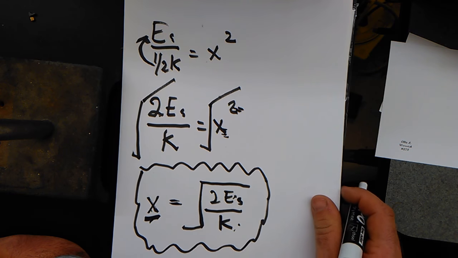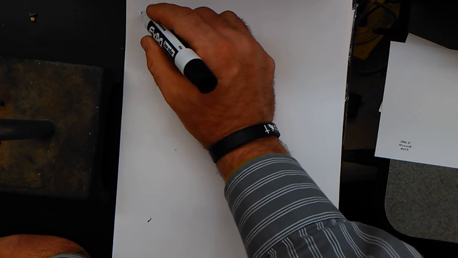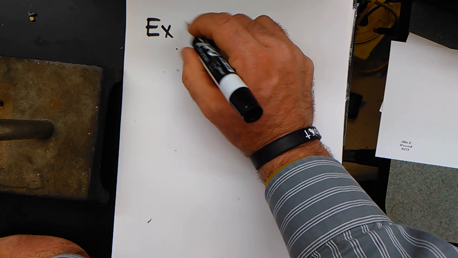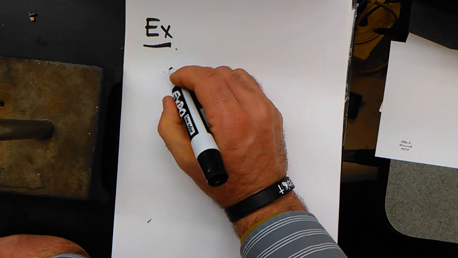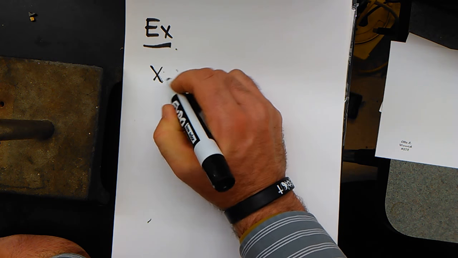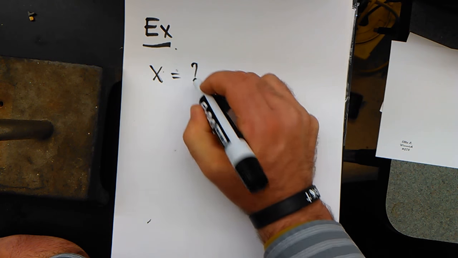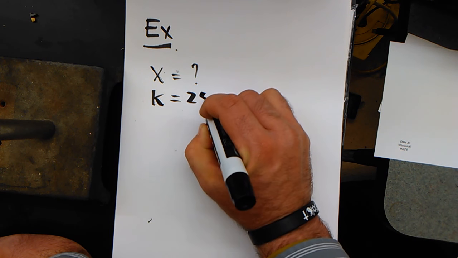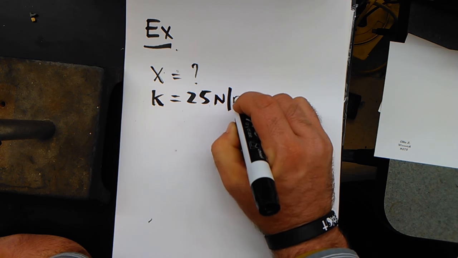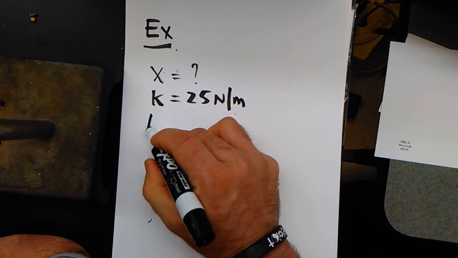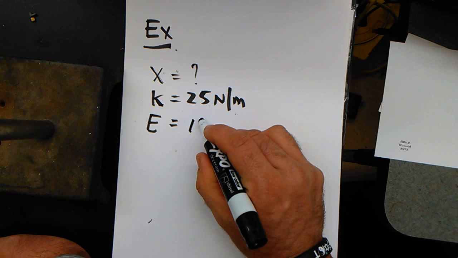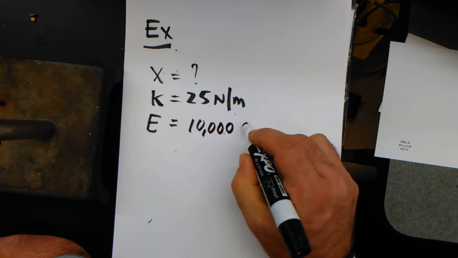Okay, let's do one example. This is an example to find x, the spring compression. I'm going to give you a k value. I'm going to give you the energy of the spring. Let's call it 10,000 joules.